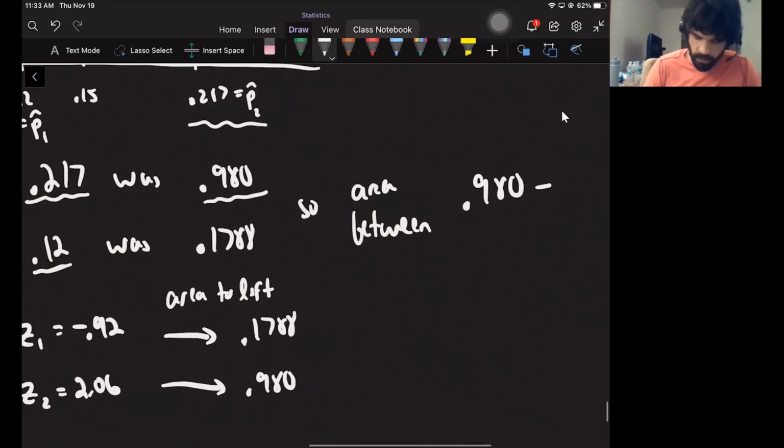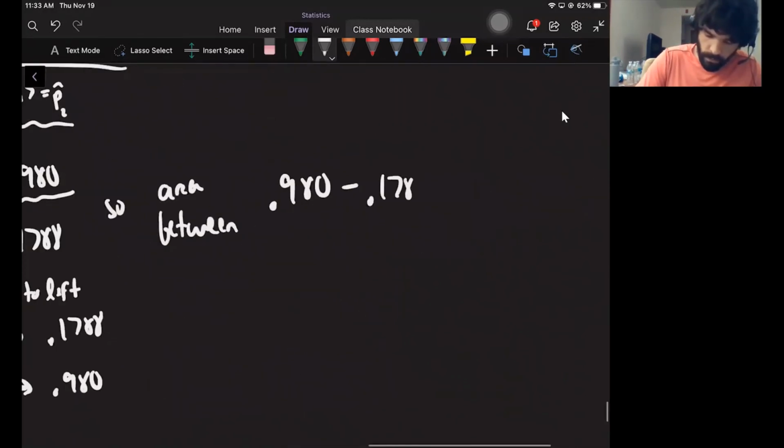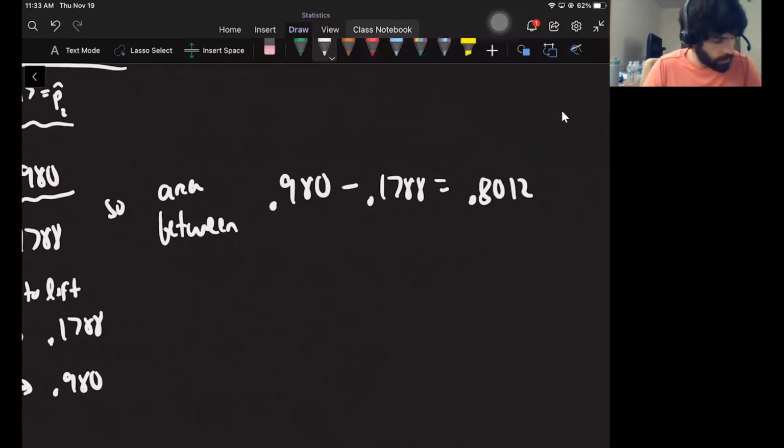Okay, so a common mistake is that people subtract the z-scores, but no, you subtract the areas. So then finally the area between the two is 0.8012, just by subtraction.